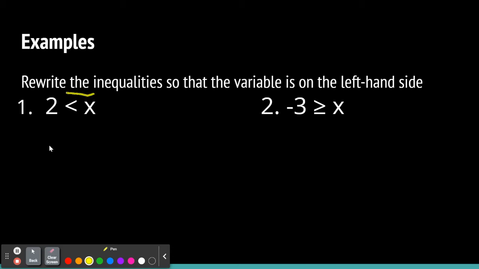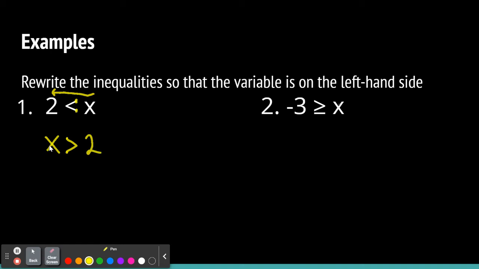So if you think about it, you would want to read this as x is greater than 2, but we don't read from right to left, so we need to rewrite this so that x is, and then notice x is greater than, it's on the bigger side of this inequality symbol. So we need to flip that inequality symbol around so that x is still on the greater side of that inequality symbol. And then we just put the 2 there.